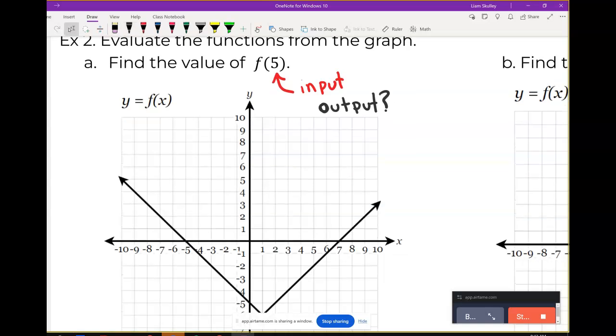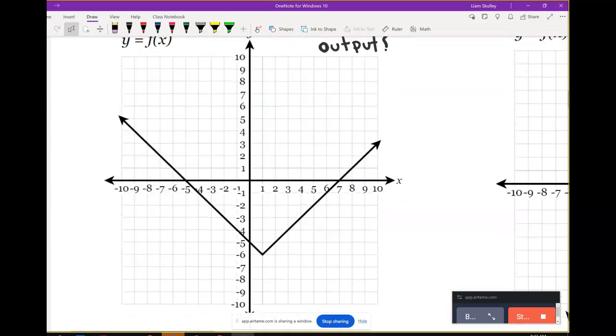On a coordinate plane, I'm given essentially a list of x values. Remember, a graph is just a set of inputs and outputs. So I'm looking for if my x value is 5 on my coordinate plane, I'm right here. I'm looking, all right, where on my graph does 5 intersect? Well, if we look down, it goes down 2 boxes, and I'll draw a little point there. This is the point 5, -2.